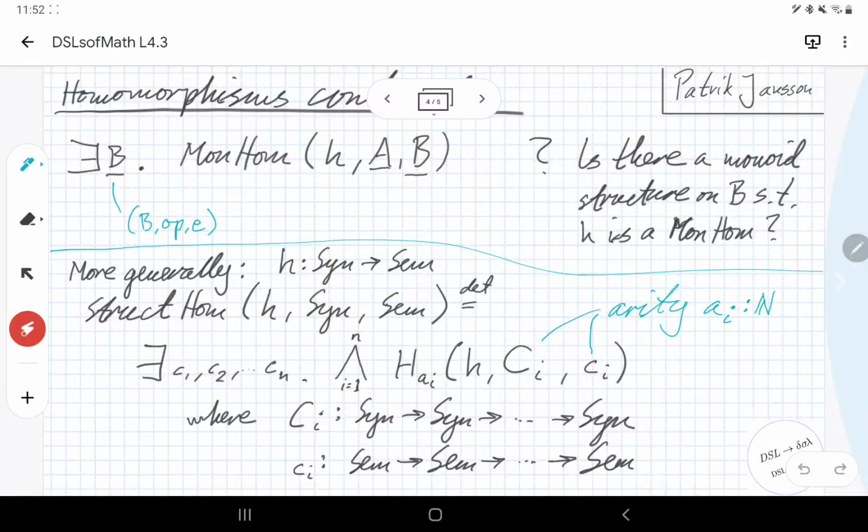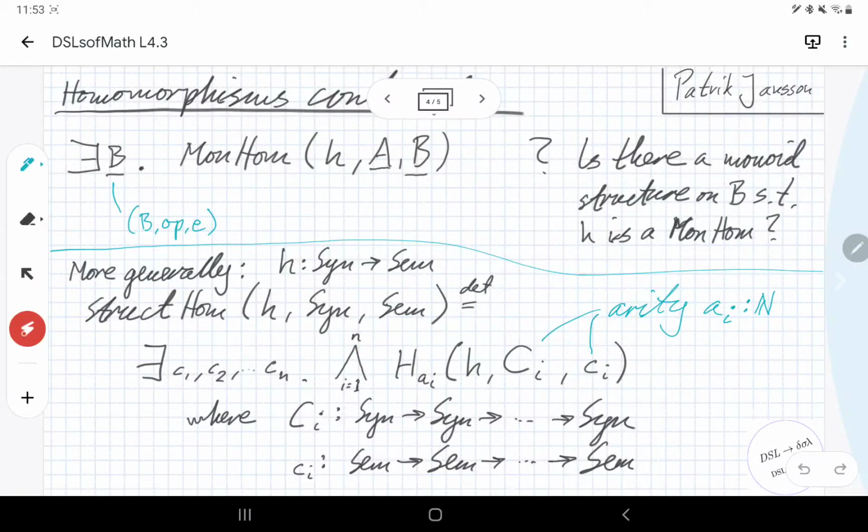So this is defined as there exist operators C1 to Cn. I'm now assuming that there are n constructors in my data type in the syntax. And this is a big AND from i equals 1 to n, so all of these little h predicates should hold.